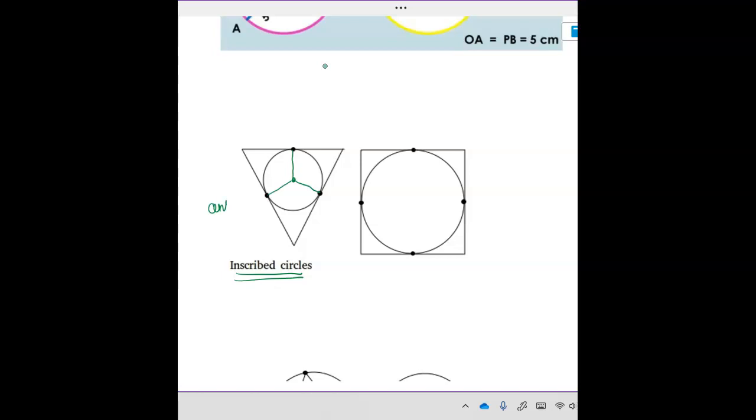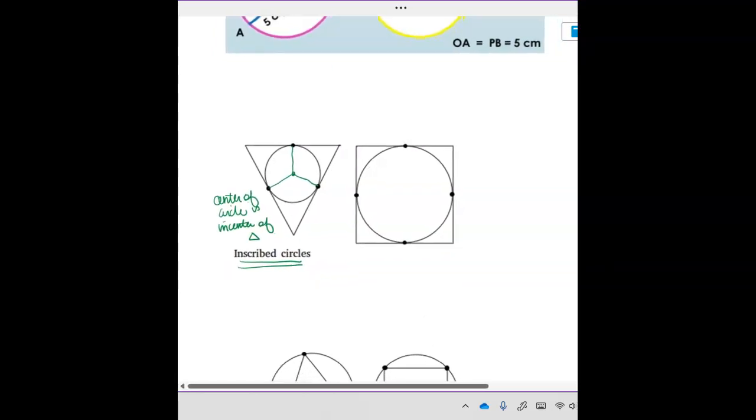So the center of this circle is the incenter of the triangle. And if you remember, the incenter ended up being the intersection of the angle bisectors of the vertices of all the angles in the triangle.